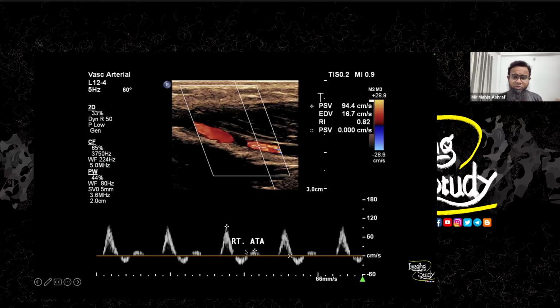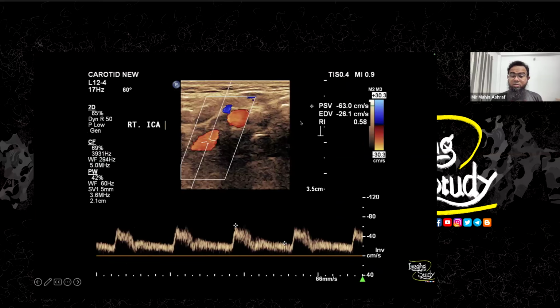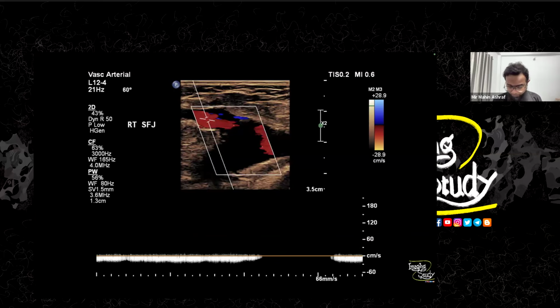Here we have shown you a triphasic wave pattern of the anterior tibial artery. You can see a positive wave. This is the baseline in orange color. So this is the positive wave, this is the reverse wave, and this is the positive diastolic wave. You can see this is the biphasic wave pattern where there is a systolic positive wave and another diastolic positive wave in the internal carotid artery, which is called the biphasic wave pattern.